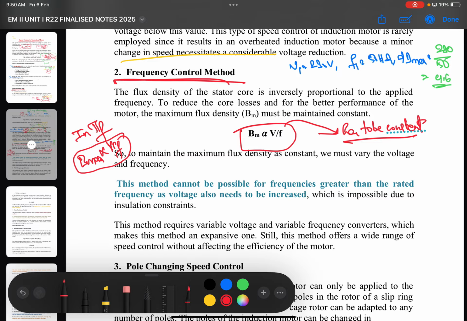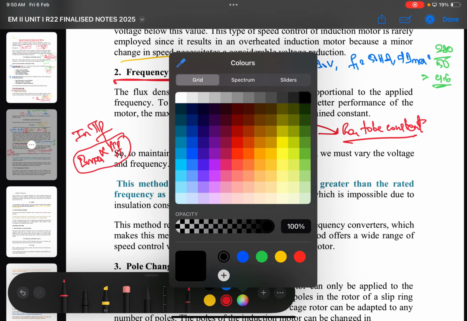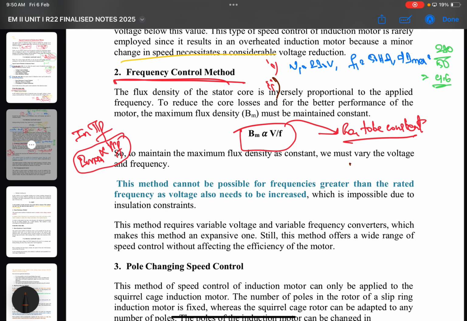Now in the second case, if V2 is 115 volts and F2 is 25 Hz, then what is Bmax? 115 by 25. Again it's 4.6. Cross check: I am just taking half of the two values, so obviously it has to be the same.